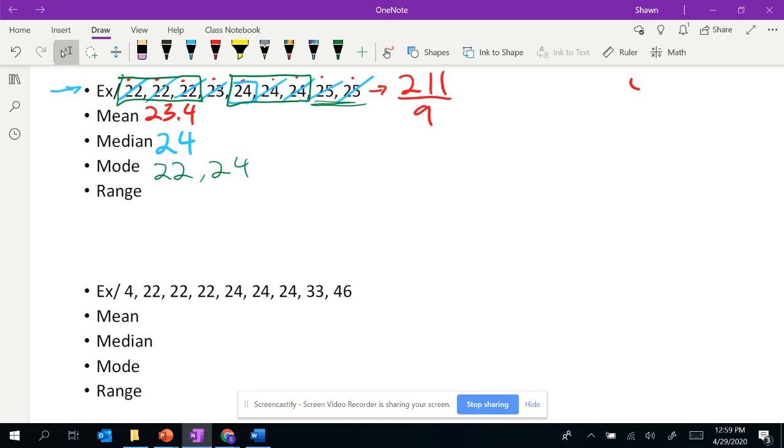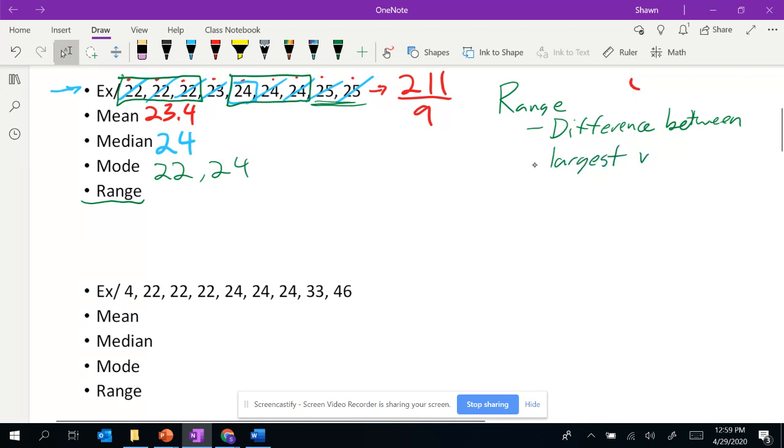Now our new word for our lesson today is the word range. Range is the difference, and difference means you subtract, between the largest value and the smallest value.